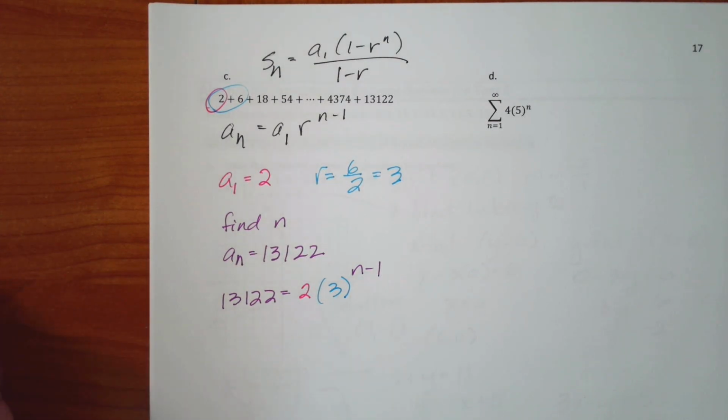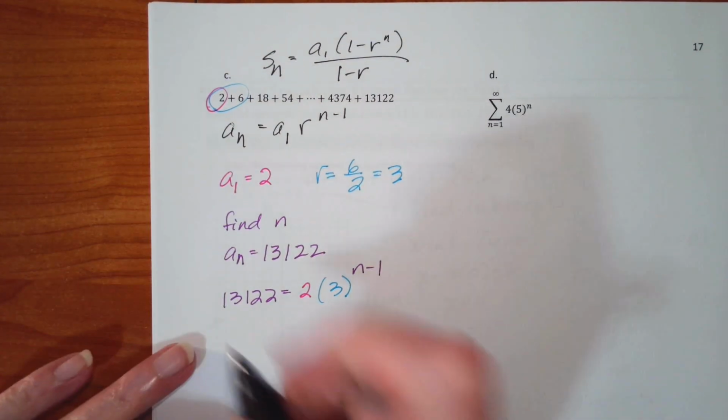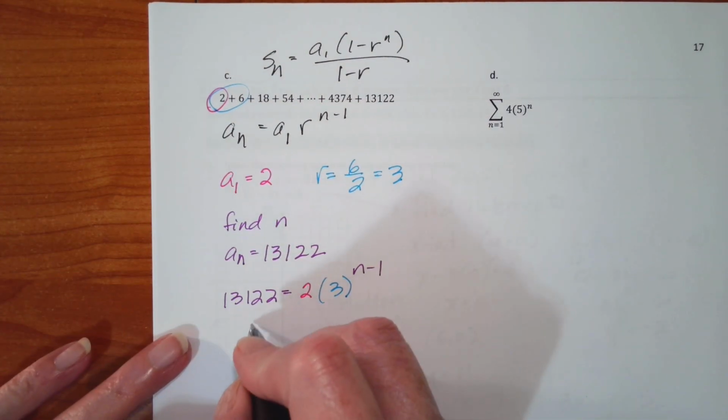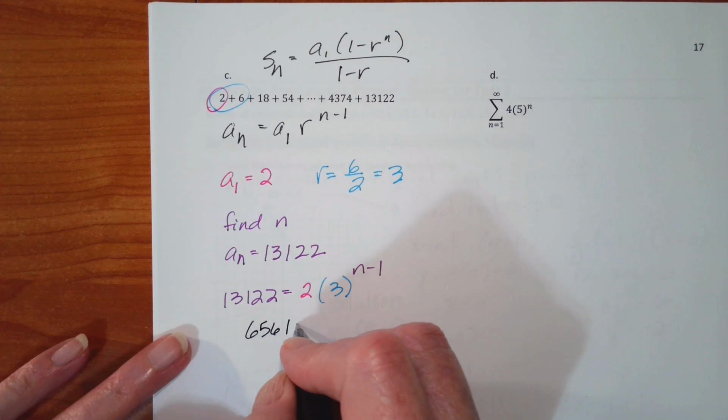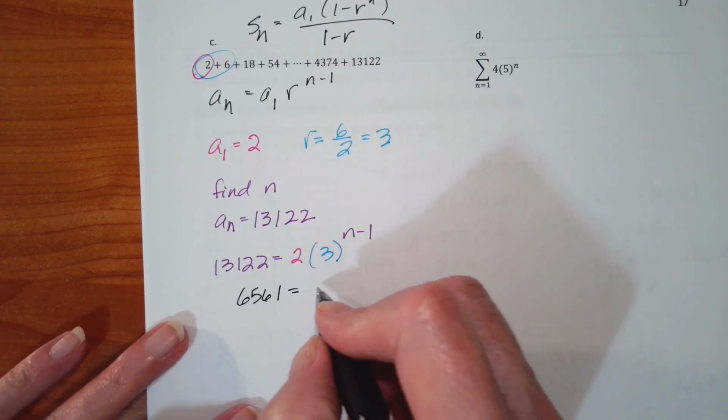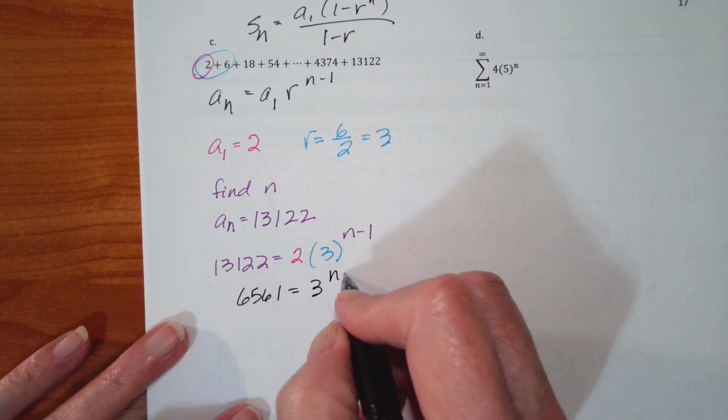Okay, so I divide both sides by 2. So that gives me 6,561 is equal to 3 to the n minus 1.